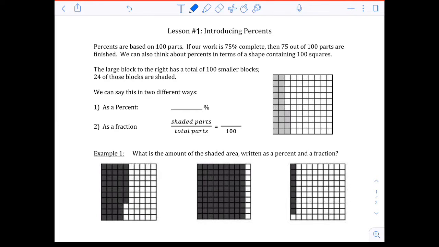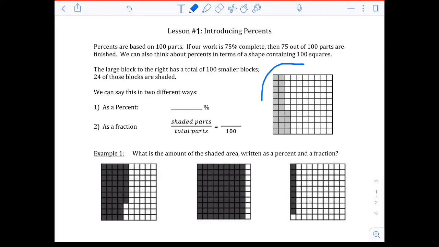It says percents are based on 100 parts. If our work is 75% complete, then 75 out of 100 parts of our work would be finished. We can also think about percents in terms of a shape containing 100 squares.